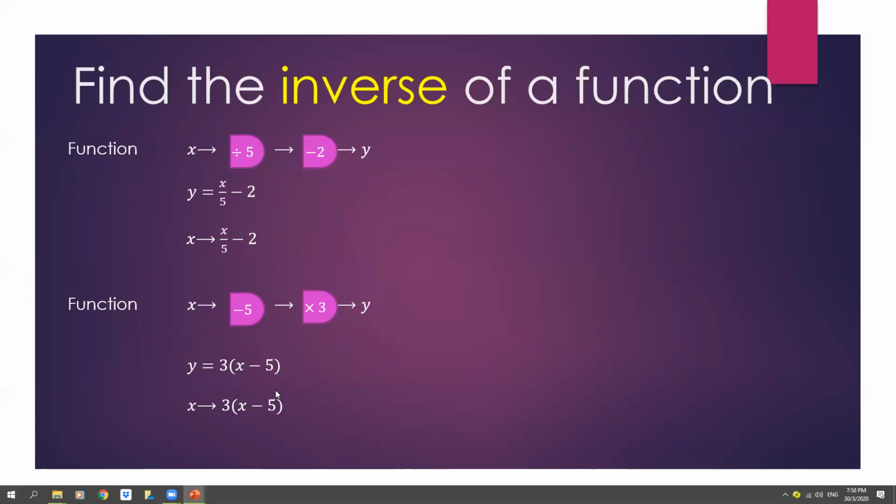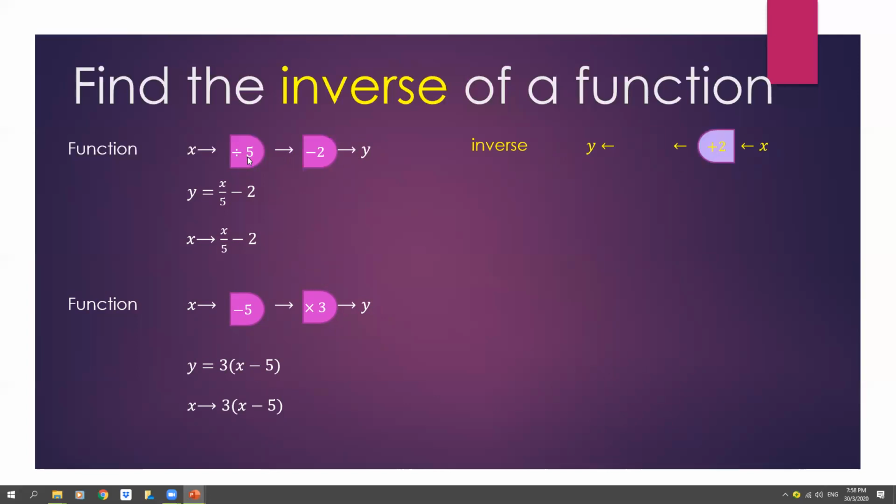Now we look for the inverse function. Okay, we follow the law. The inverse function again is the reverse. You can see the arrow is going that way. It's different. So instead of this being the first process and this the second process, now the second process becomes our first process. All right, so instead of -2, it becomes +2.